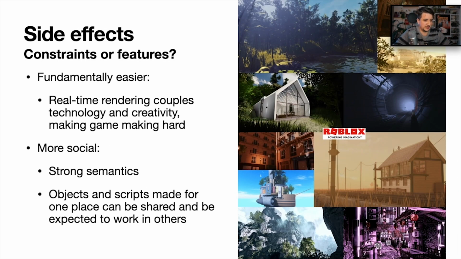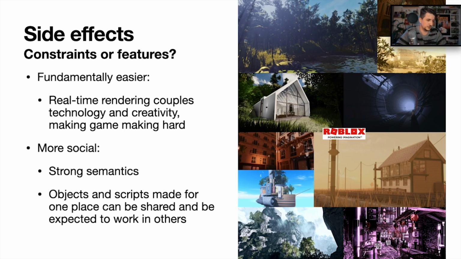This seems to be quite a big set of constraints that are fundamental for the viability of our platform, but it's interesting because they turn out to also be features. This idea of tech agnostic authoring makes the creation of virtual worlds much easier. It turns out that a big part of why real-time rendering and video games are hard to author is because you have to think in terms of your underlying technological implementation.